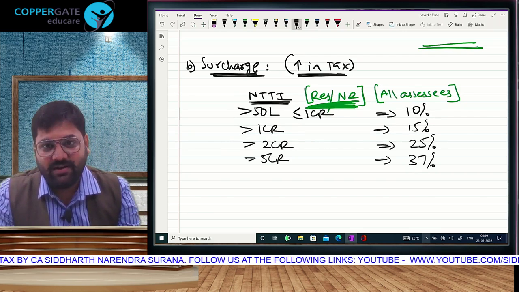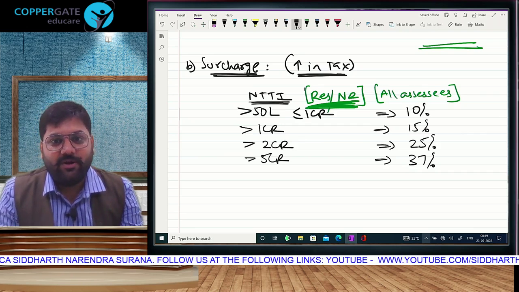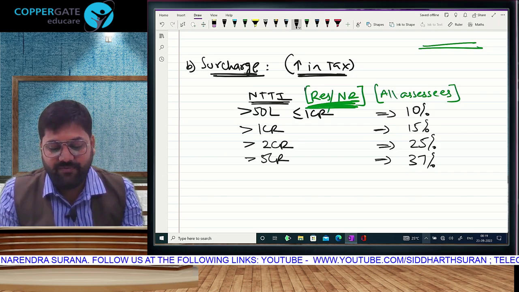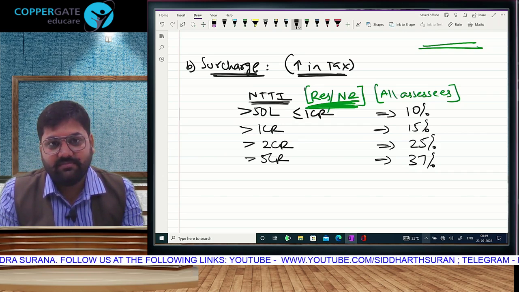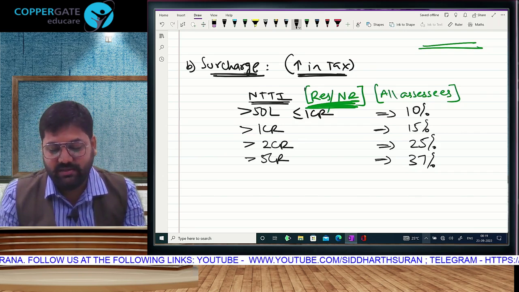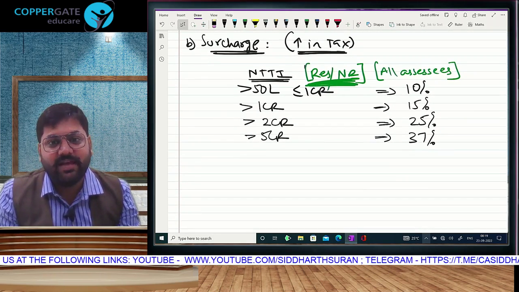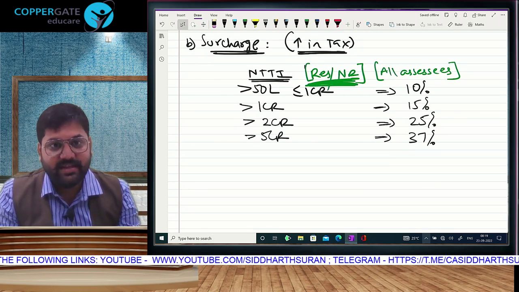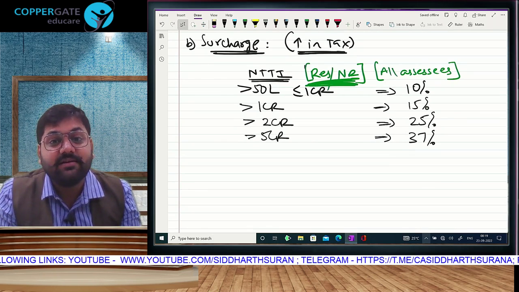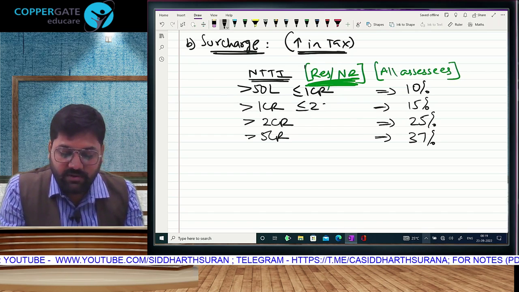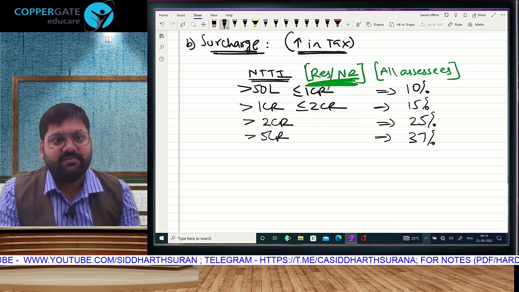Up to 1 crore, 10% will apply because greater than 1 crore will make it 15. And those who have understood this, now tell me, at exact 2 crore income, will there be surcharge? Yes. 25%? No. 15%.